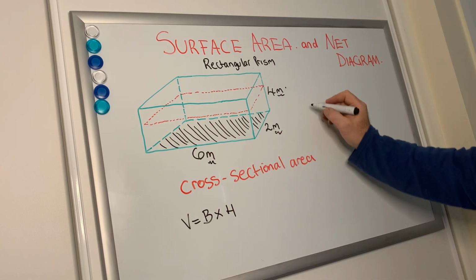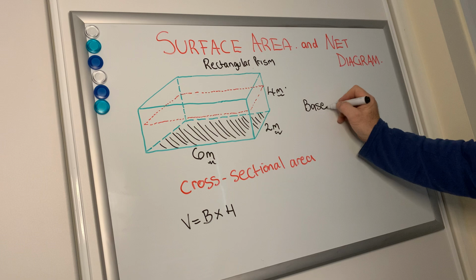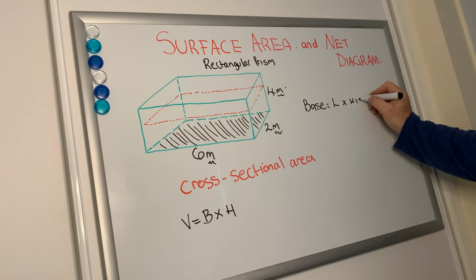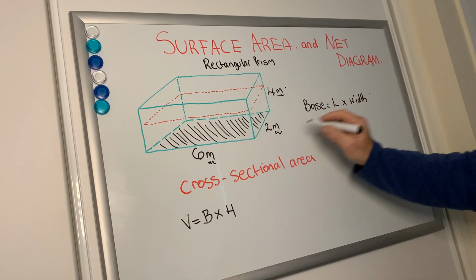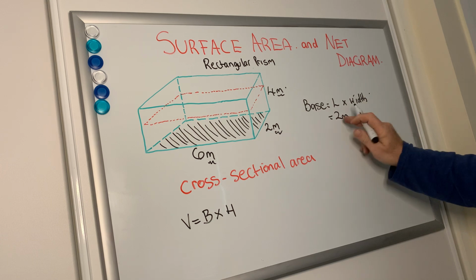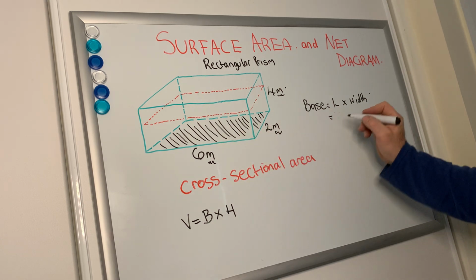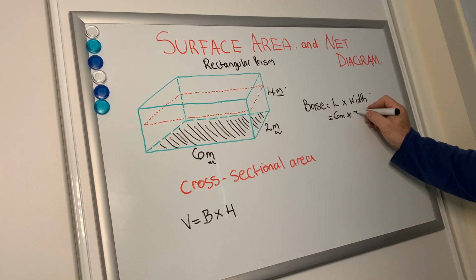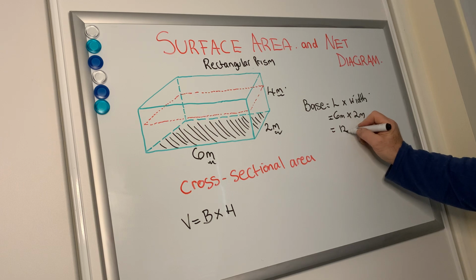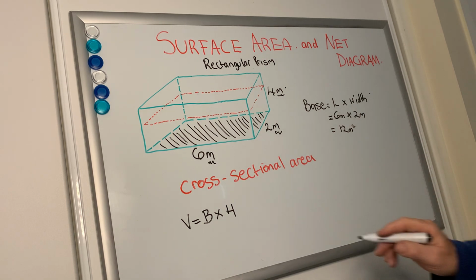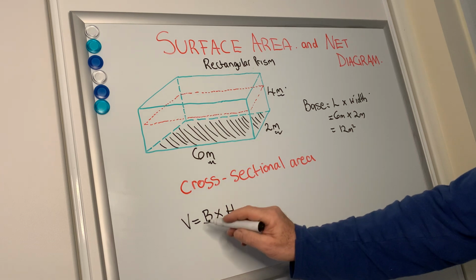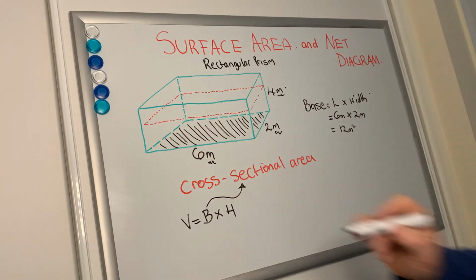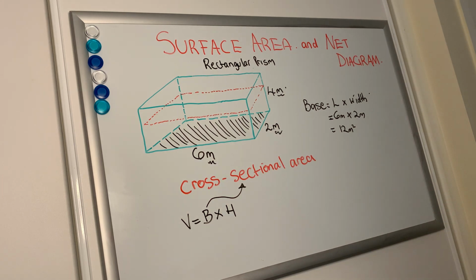And if we say the base is equal to our length times our width, which is the same as saying 6 meters by 2 meters, which is equal to 12 meters squared. So we can actually say that our volume is equal to the cross-sectional area times the height. This is another way of working it out.